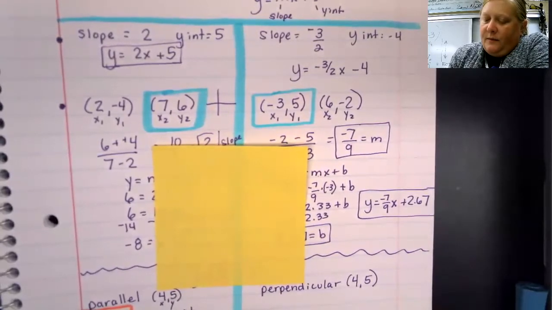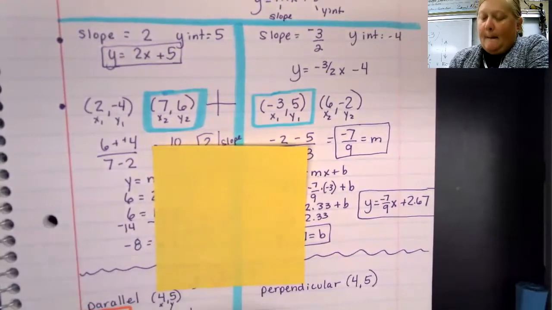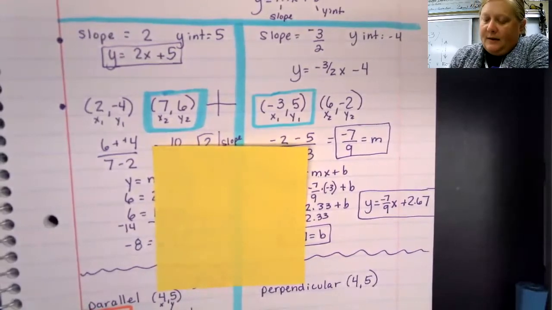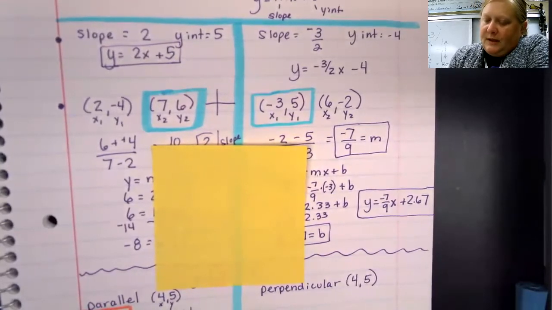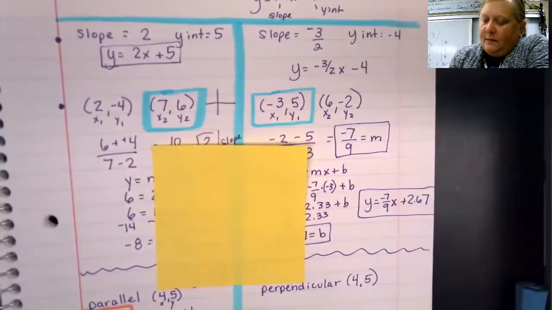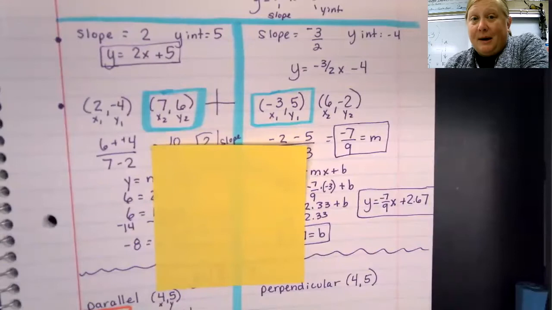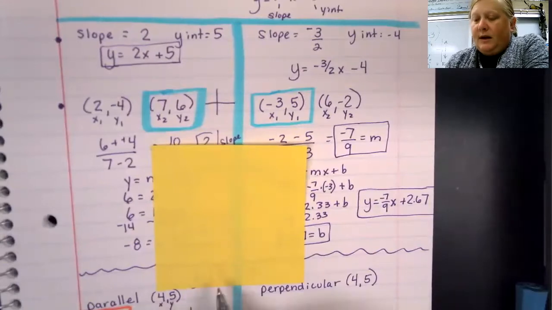Subtract 12, and b is a negative 7. So my parallel line is y equals, what's my slope? 3x minus 7. That's pretty easy, right? You just took what you needed. So it's the same.